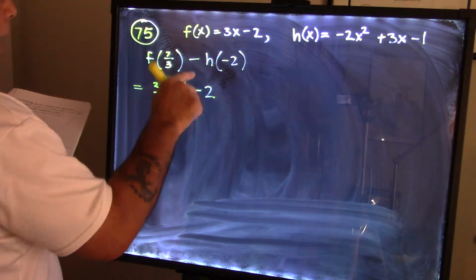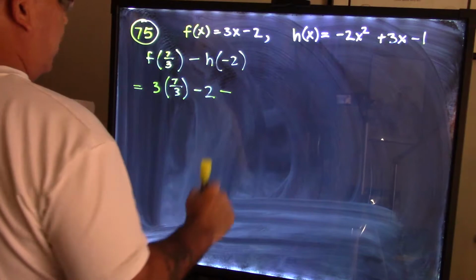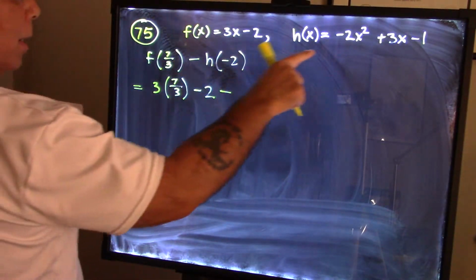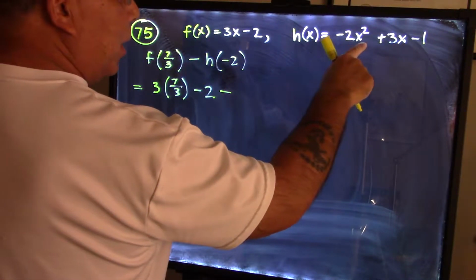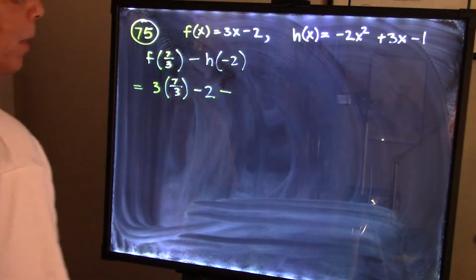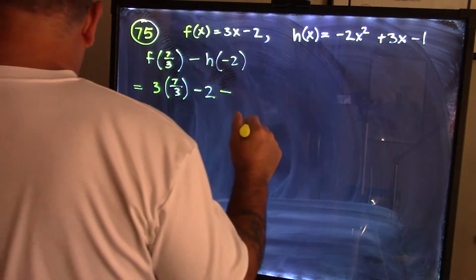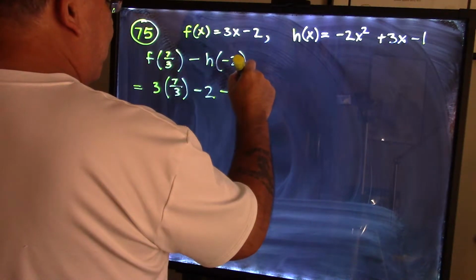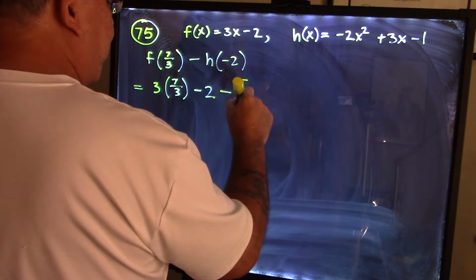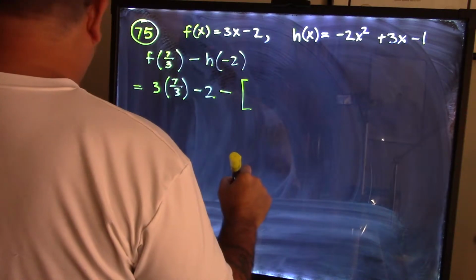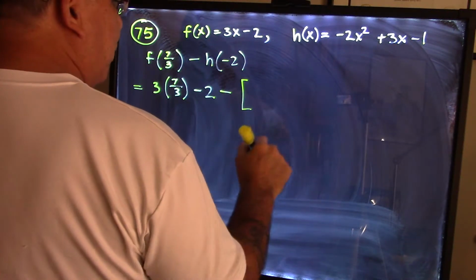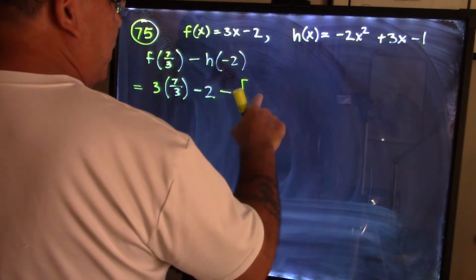And then you're subtracting, so put a minus. You're going to subtract h of x, which is 3 terms here, a trinomial. So put brackets around it because you want to subtract all of h of x, not just a little bit of it. So put all of h of negative 2 in the brackets.